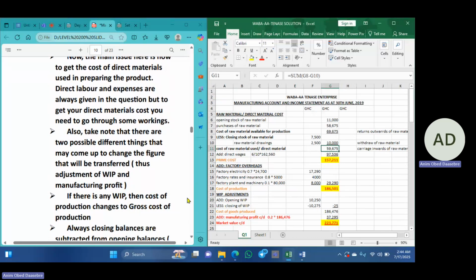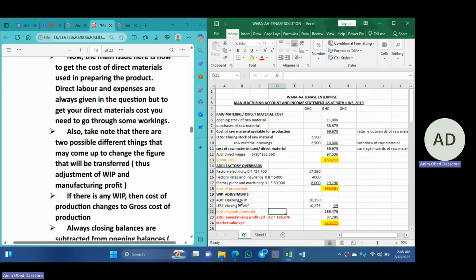Now, if there is any work in progress, you change the cost of production into gross cost of production, or cost of goods produced. The name will change. And the adjustment for the work in progress is as follows.